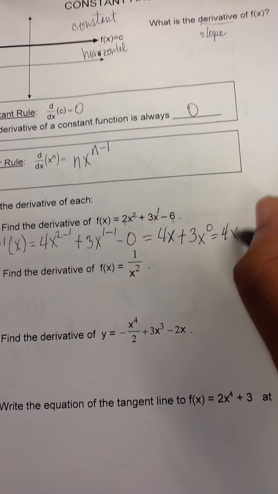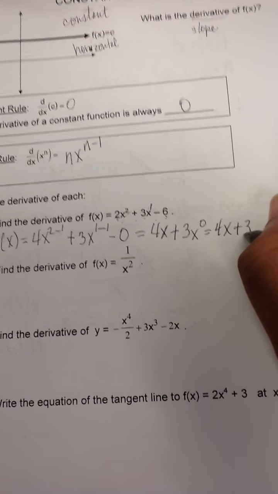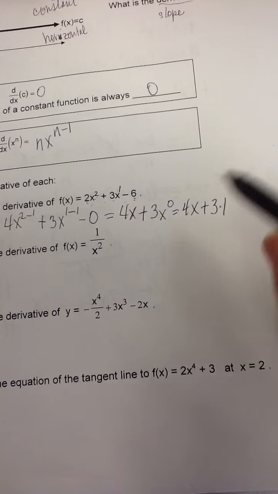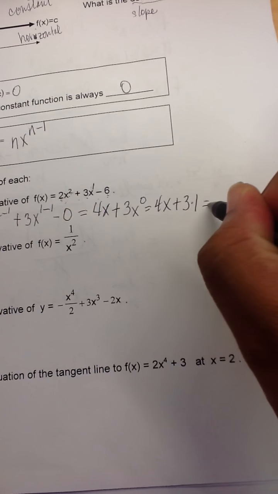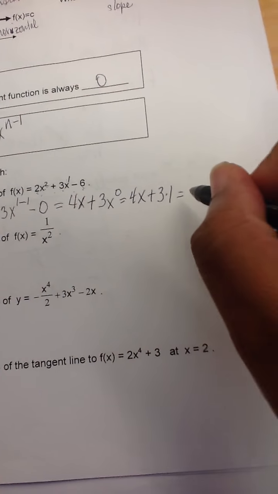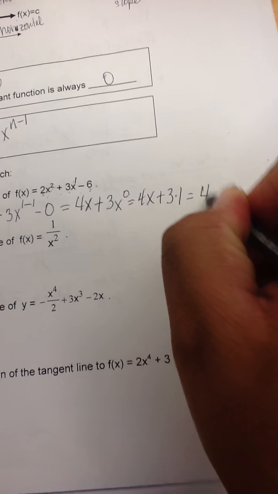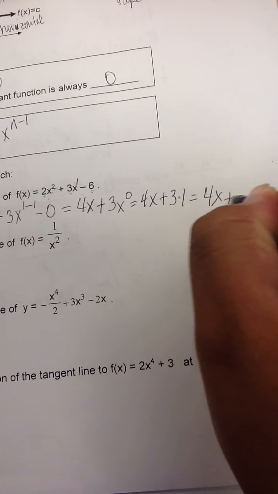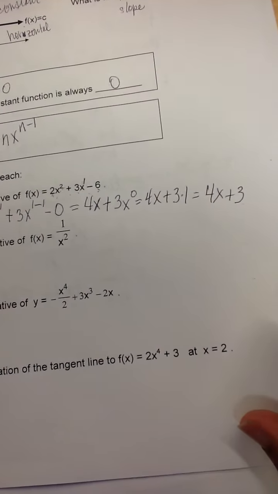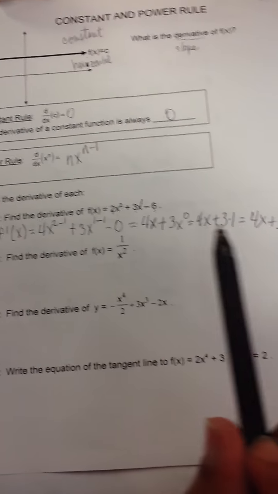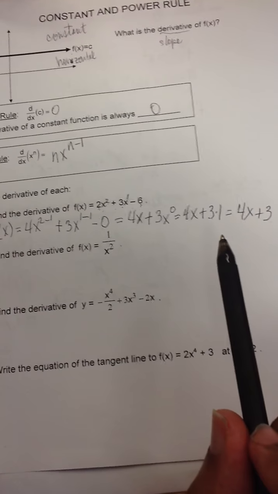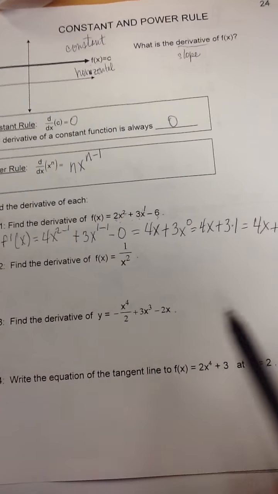So this is really 4x plus 3 times 1, where x to the 0 is equal to 1. And what's 3 times 1? That's just simply 3. So my derivative here is 4x plus 3. So just from that, I now don't have to do the difference quotient. I could just use my power rule.